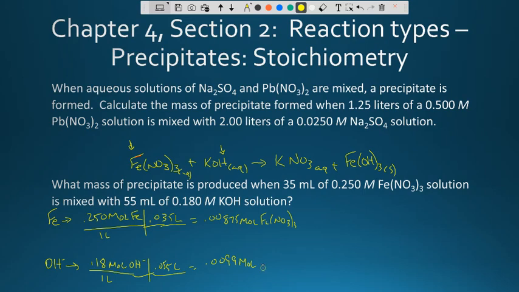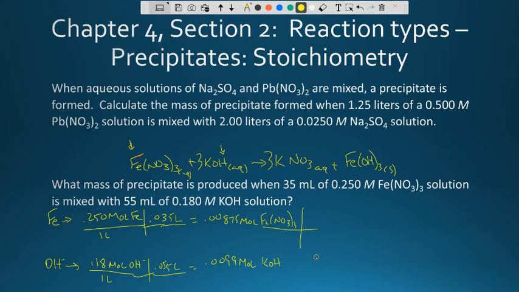Nope, of my potassium hydroxide. That's what we started with. All right, so now we've got it all set in place. Let's look at our equation. Let's see, I'm balanced, 1 nitrate. Oh, I've got 3 nitrates, because 3 nitrates here. That gives me 3 potassiums, 3 potassiums, 3 hydroxides, 1 iron, good to go.